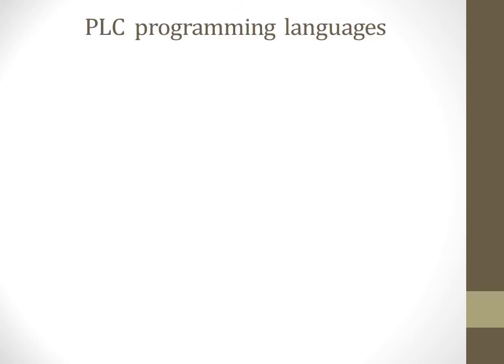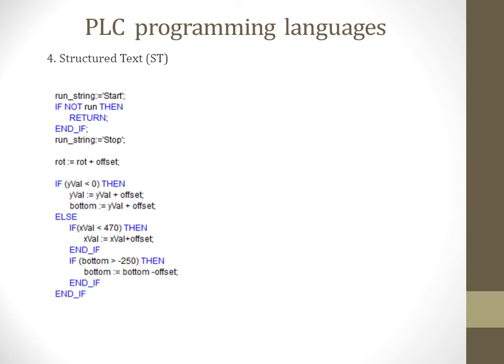On this slide I will show you information about textual languages. The fourth language is structured text, and this text contains program commands that look like C++ or BASIC or Visual Basic.